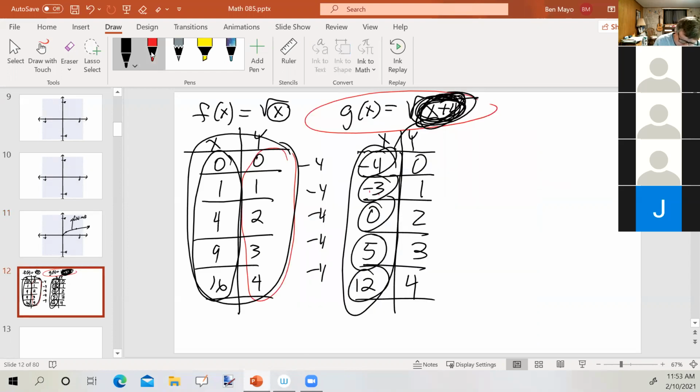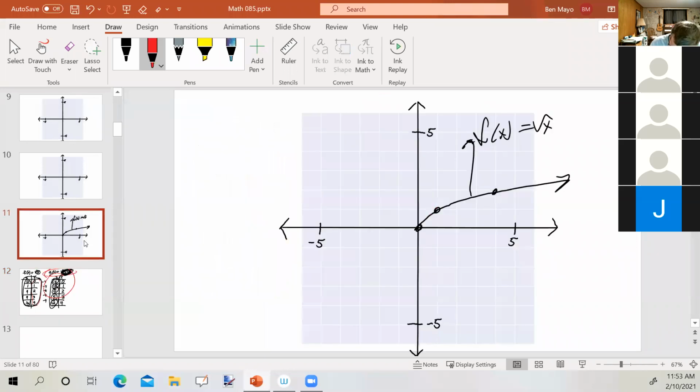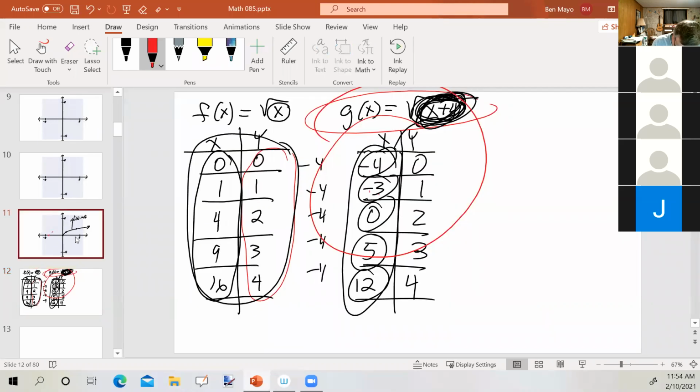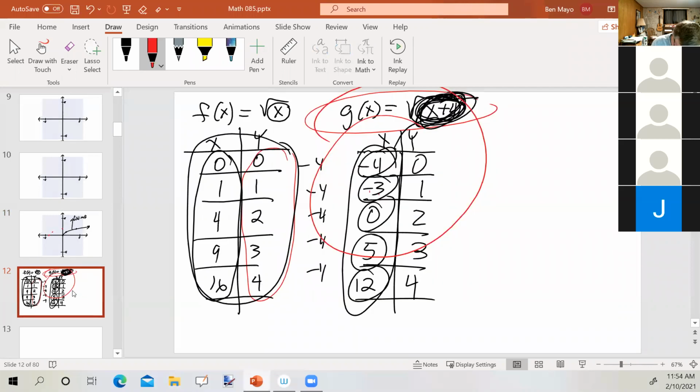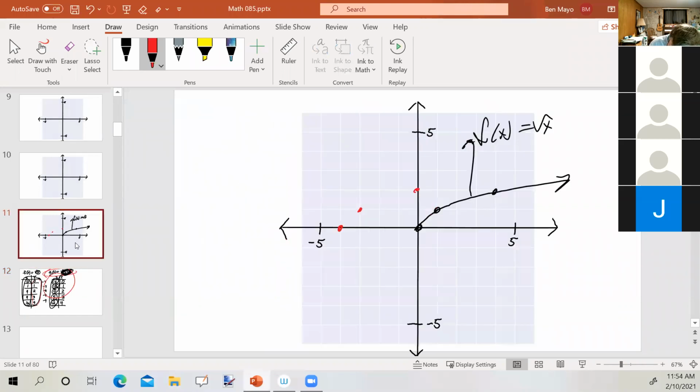Okay, let's do this one in red. The square root of x plus 4. Here we've got -4, 0, -3, 1, 0, 2, and 5, 3.